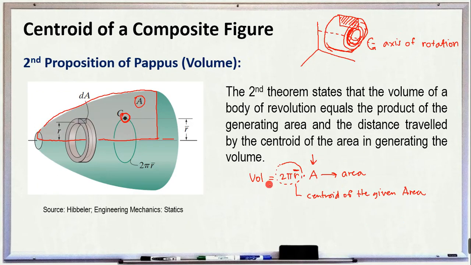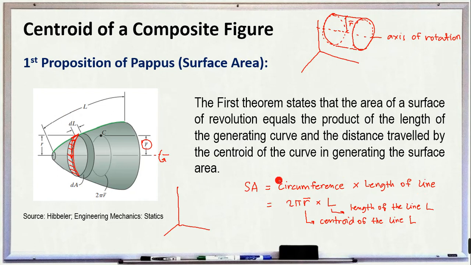Okay. So you understand, this is simplified so that you don't need to go through integration as long as you know the centroid of that particular area for the second proposition, and then, if you know the length of that particular entity for the first proposition. Again, the first proposition talks about the surface area.